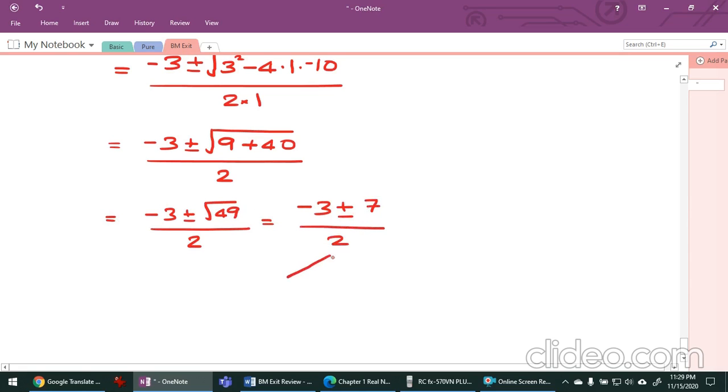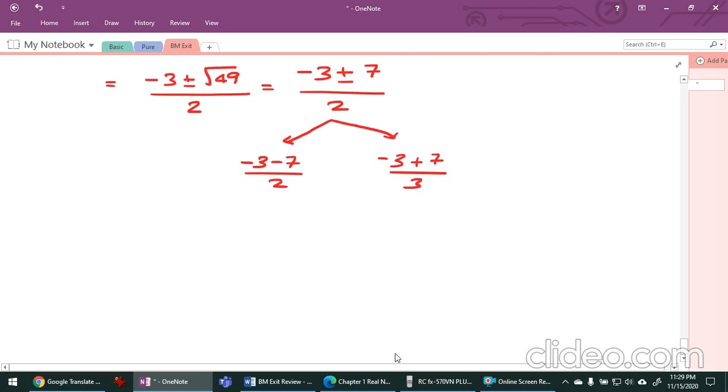So now you have to divide this into 2. One for minus, 3 minus 7 by 2, minus 3 plus 7 by 2. Now what is minus 3 minus 7? The answer is minus 3 minus 7 is minus 10 by 2.